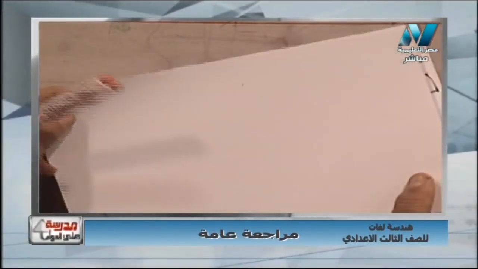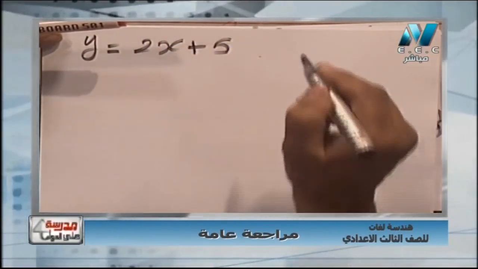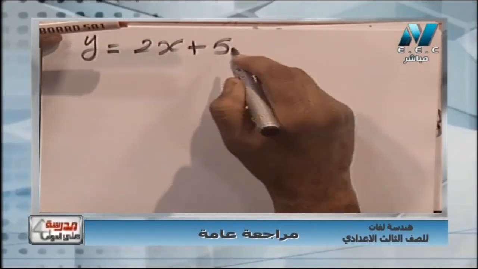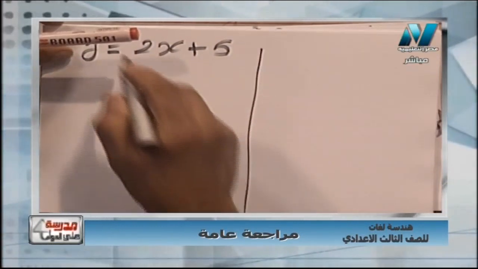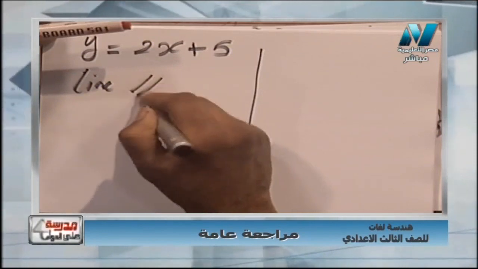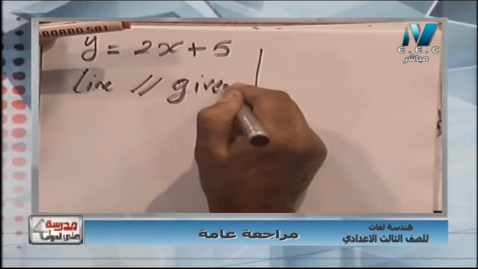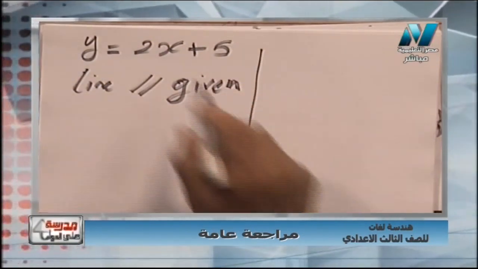Another example about this. If you have the equation y equal 2x plus 5 and your line is parallel to this given line.